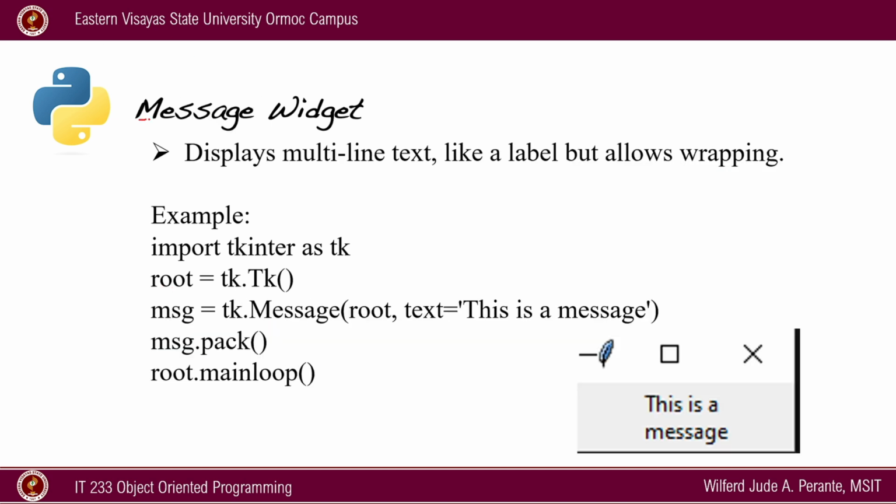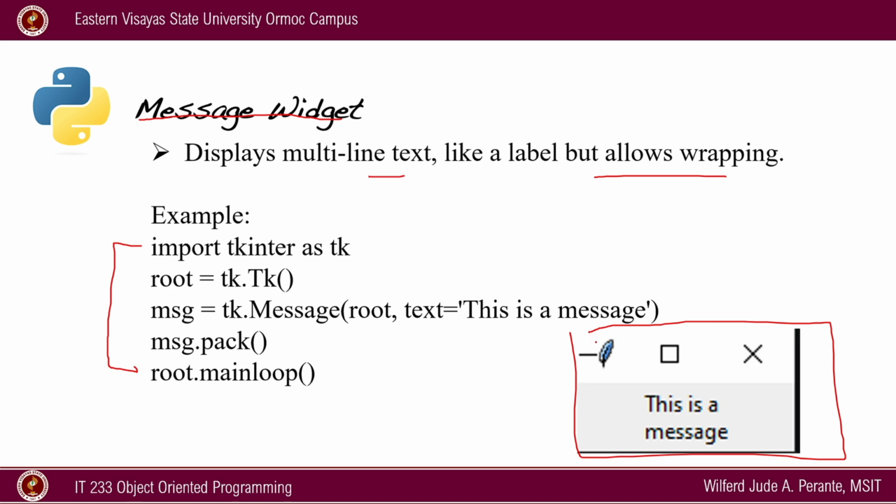While the message widget displays a multi-line text like a label but allows wrapping. So we have here an example code. Ito yung example output niya. We are now importing the TKinter library. Now our main window for TKinter.